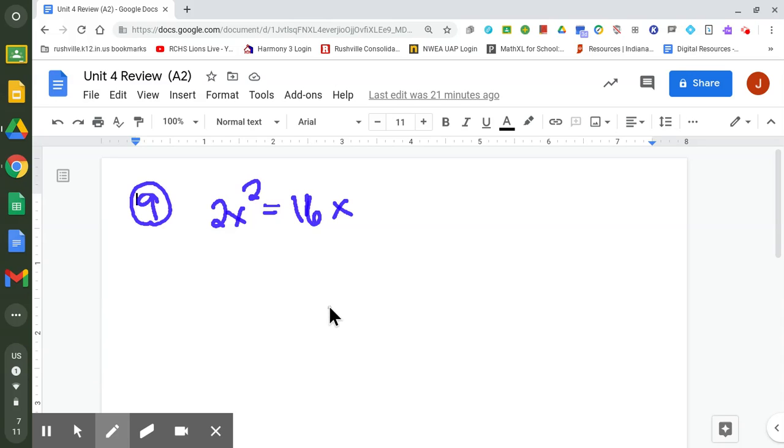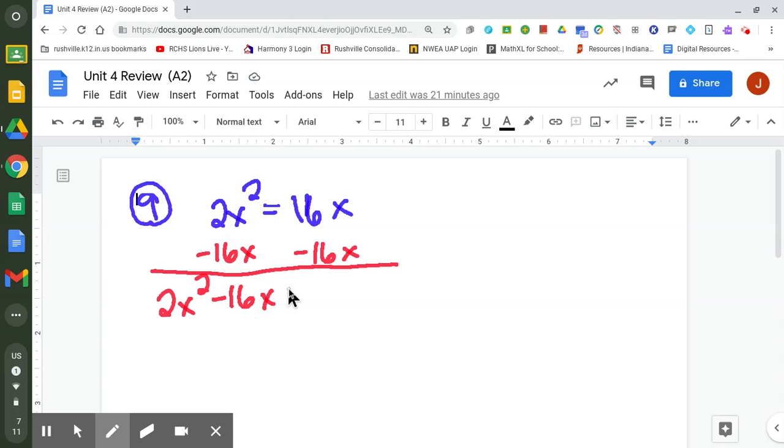So on number 9, you are given an equation and asked to solve it. Well, we would like to have it equal 0 first. So I'm going to subtract 16x. And so I have 2x squared minus 16x equals 0.